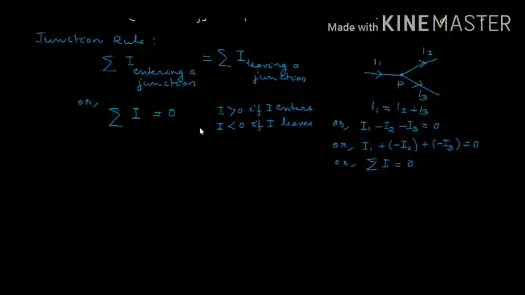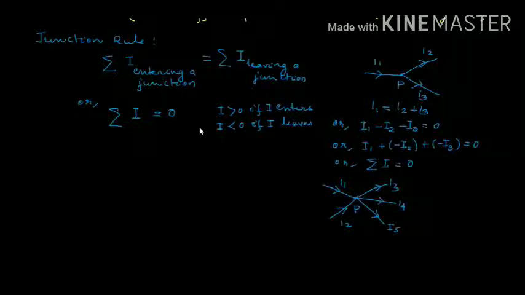If we take more conductors, suppose we consider 5 conductors, they meet at the point P. P is the junction. Current entering towards the point P are I1 and I2. Current leaving the point P are I3, I4 and I5.